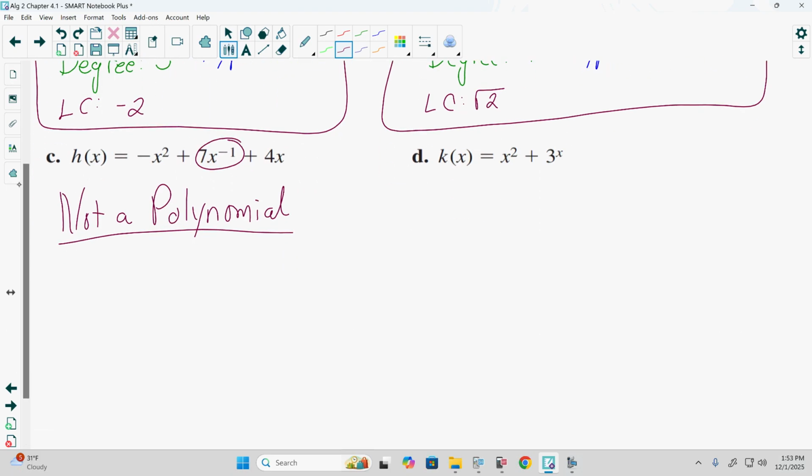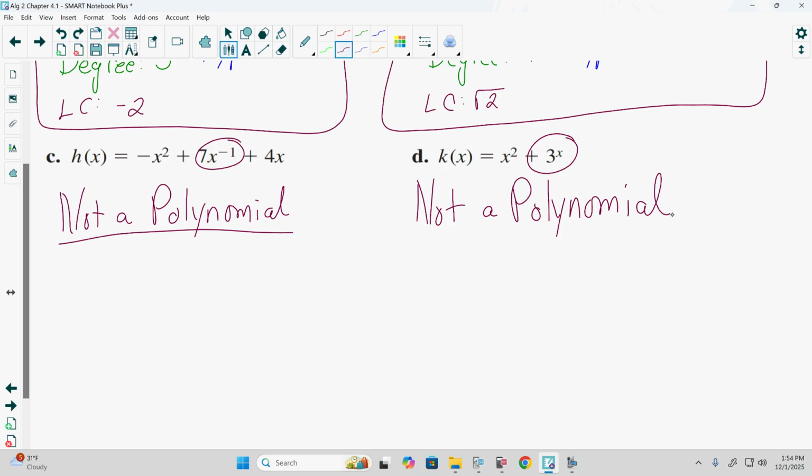D, k of x equals x squared plus 3 to the x. Can we say this is a polynomial? Variables cannot be in an exponent. So the 3 to the x tells us that this is not a polynomial.